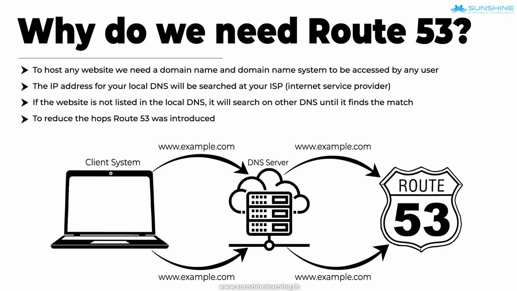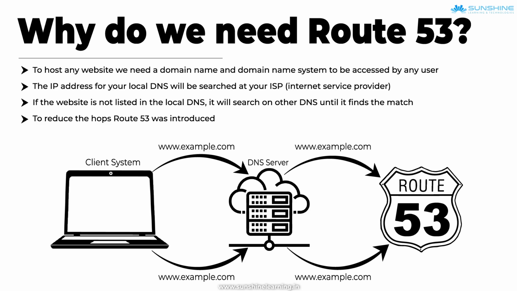It gets a request from the DNS server where the domain was purchased, and then Route 53 forwards that request to an IP address where the server and the web application or website is running. Then it resolves it and sends that page to the DNS server, and the DNS server forwards that page to the client system, and on the client system we are able to open the web page.